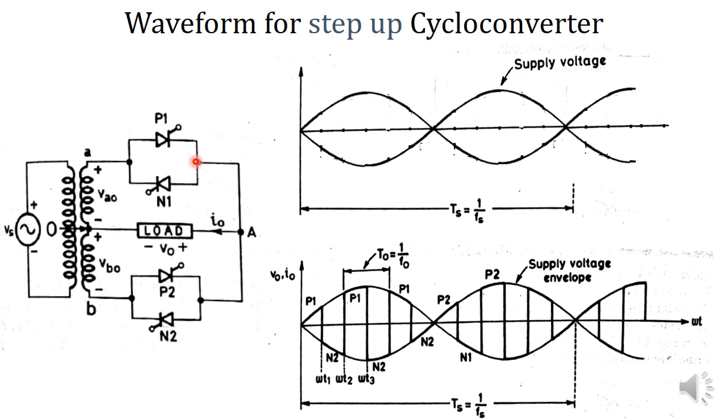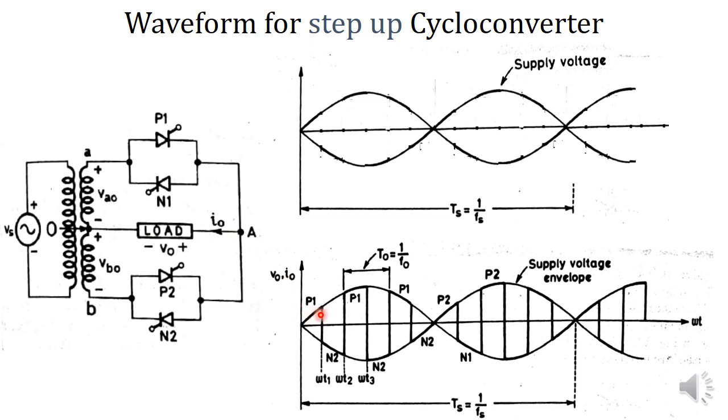Now we will turn off P1 and turn on N2. That means one of the switches in the positive group is first turned on, then after a while we will turn on one of the switches in the negative group, that is N2. When N2 is turned on, since the input voltage is positive, the current will flow in the negative direction, and the output voltage is also negative.